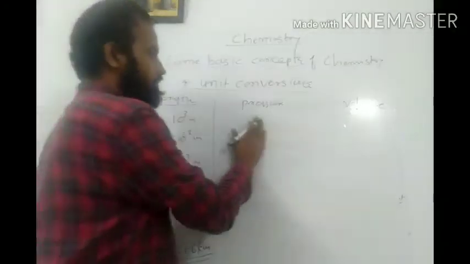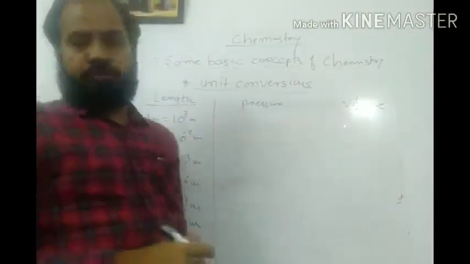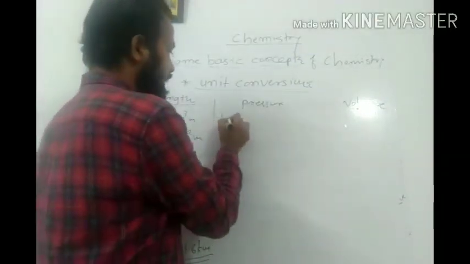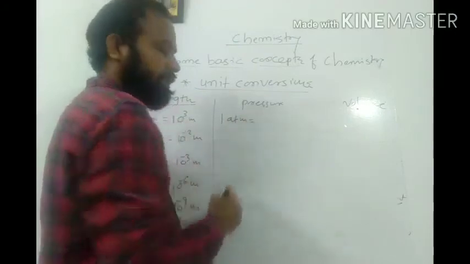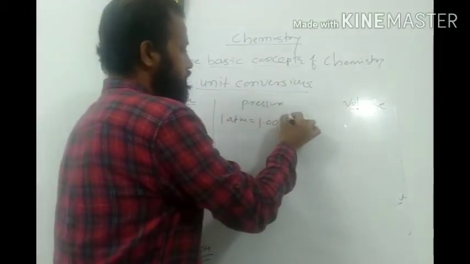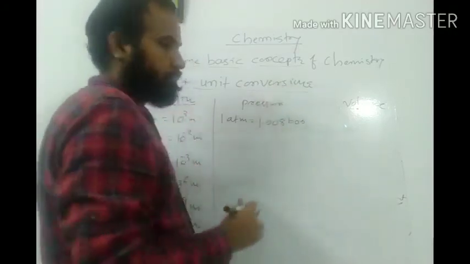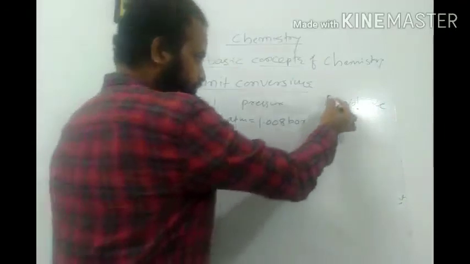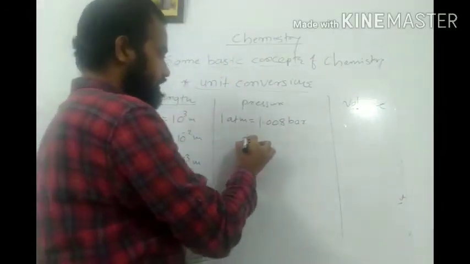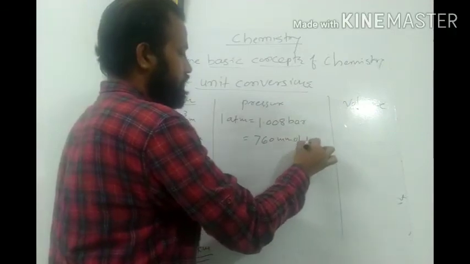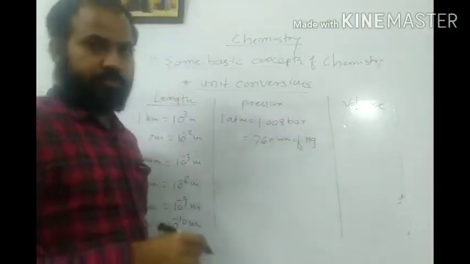Most of the time pressure is given in atmospheric pressure units. Let us say 1 atmospheric pressure is actually equal to 1.008 bar. Bar is also a unit of pressure. Then we can write this as 760 millimeter of mercury or Hg, isn't it?